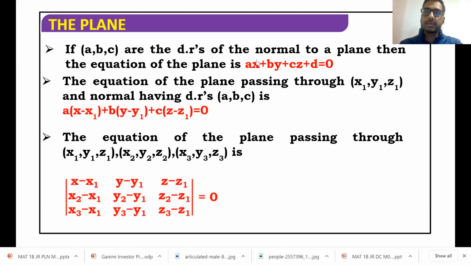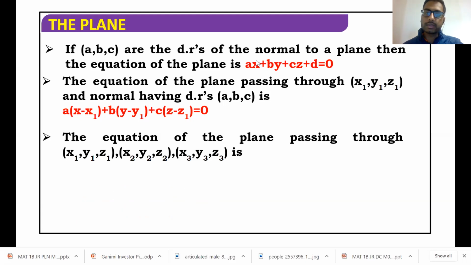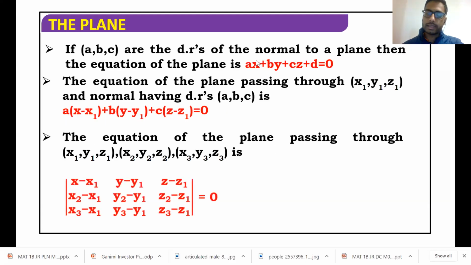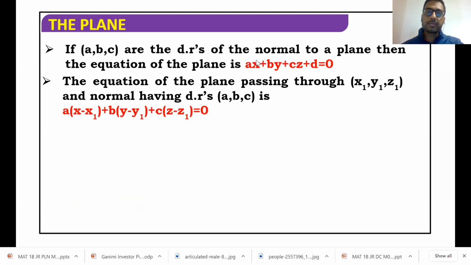The first one is when you have the direction cosines of the normal and the plane is passing through one point: you can use a(x minus x1) plus b(y minus y1) plus c(z minus z1). If all the 3 points are known, then you can use the determinant format. And if the direction cosines are known, then as we have seen earlier, you can use your direction cosines to get the equation of the plane.